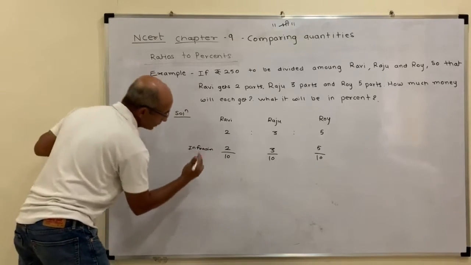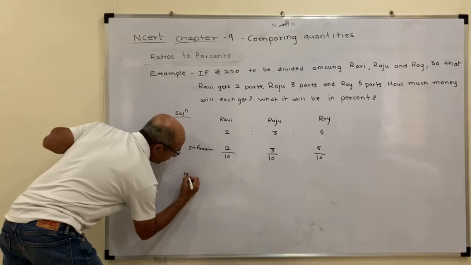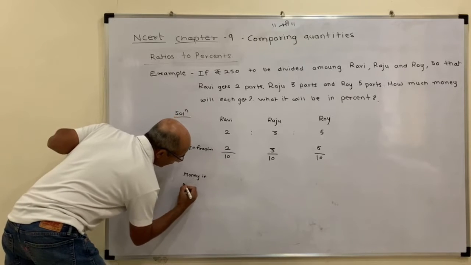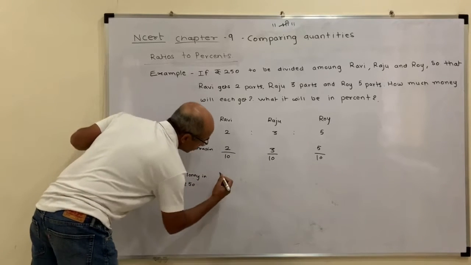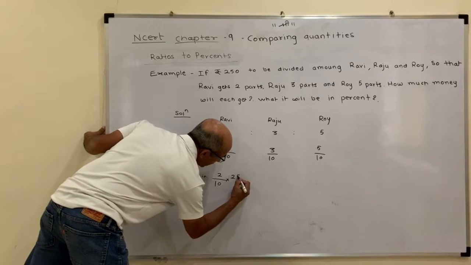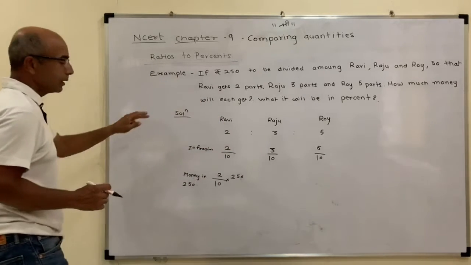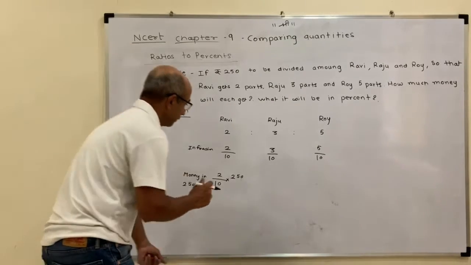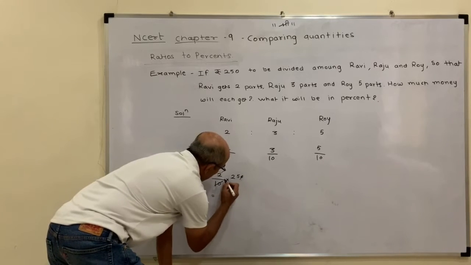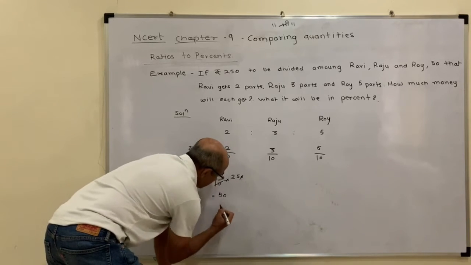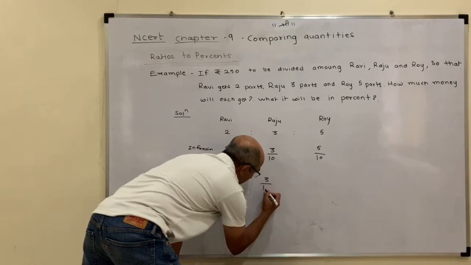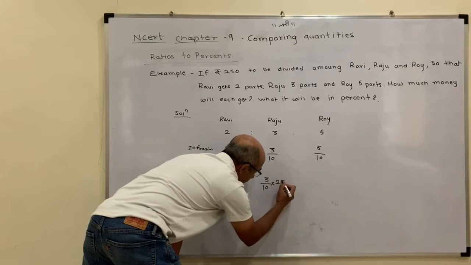Now let's find out the money they will be getting out of 250. 2 divided by 10 into 250. What amount of money will Ravi get? Ravi will get 50 rupees. Then Raju will get 3 divided by 10 into 250.